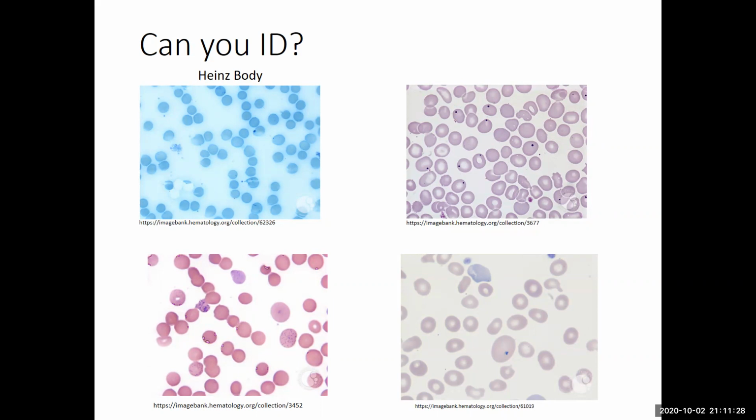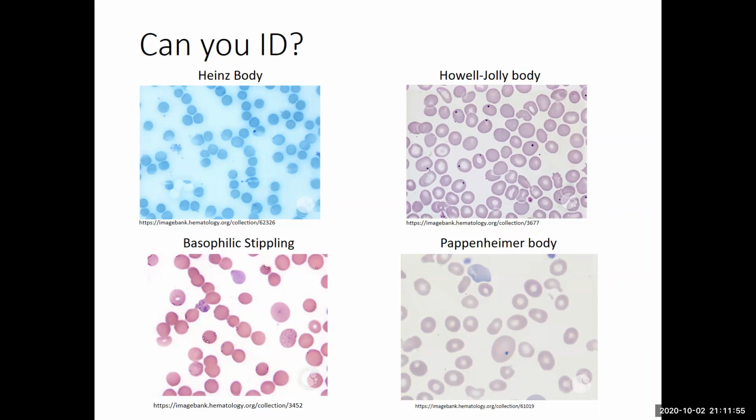It looks like a Howell-Jolly body. Yes, yes. Okay, and then what is the one on the bottom left? Basophilic stippling. Yeah, perfect. And then the bottom. The same process of elimination, this is Pappenheimer body. Yes. Okay. So then do you guys remember what these are made out of when you see these images?